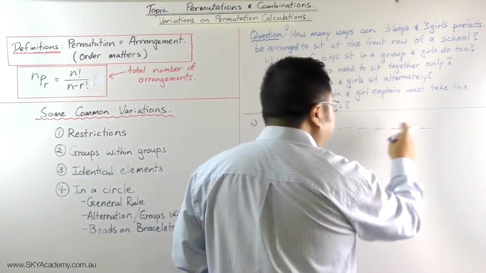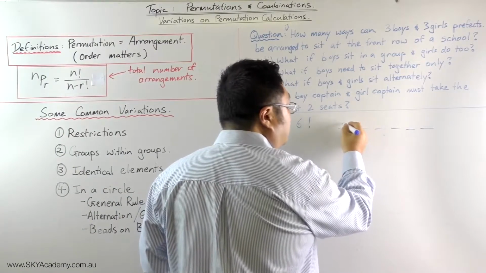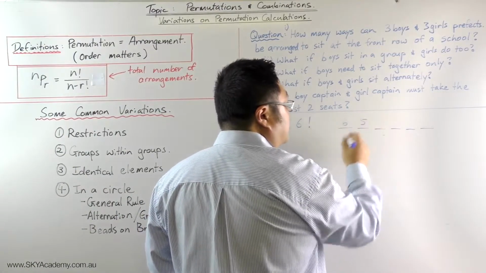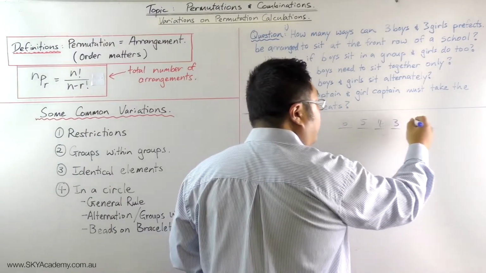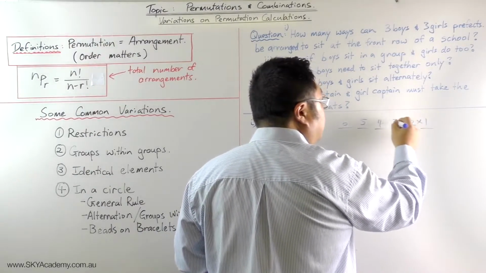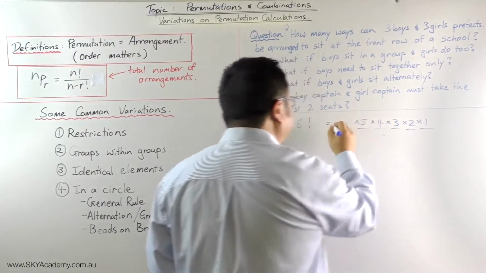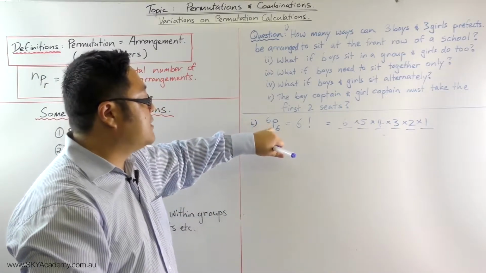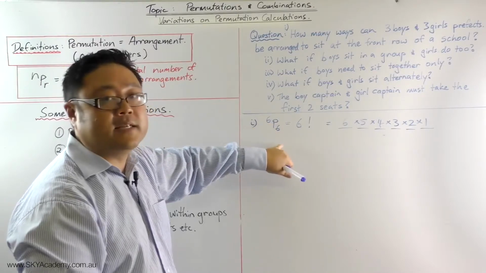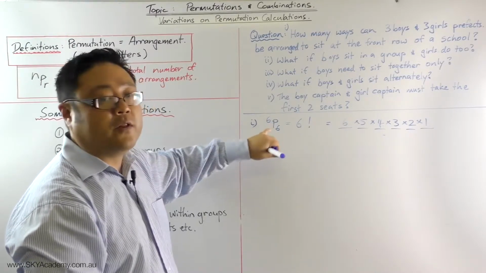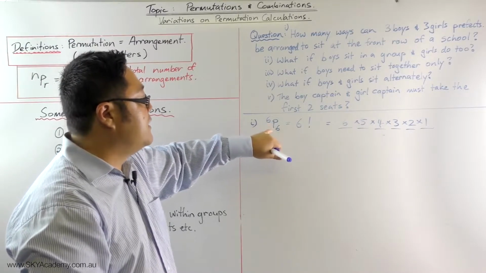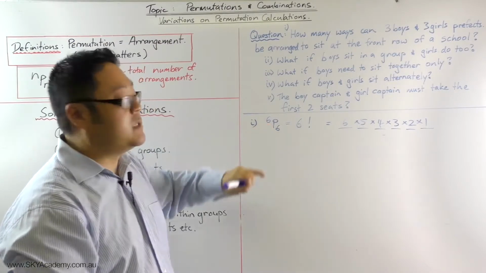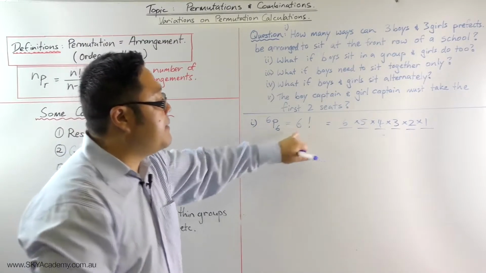You've got 6 prefects, so you can fill the first position with 6, the second position with 5, 4, 3, 2, 1, and then we blast off, right? So basically you've got 6P6.